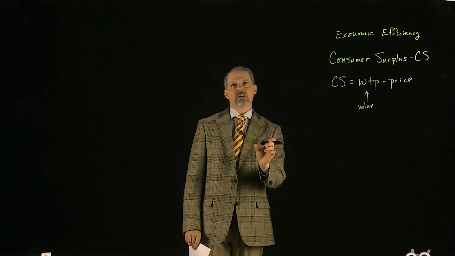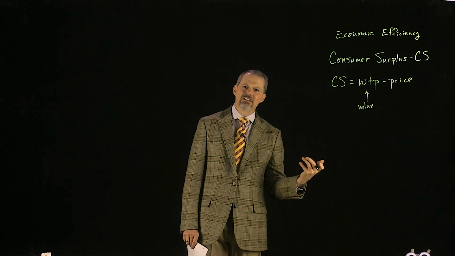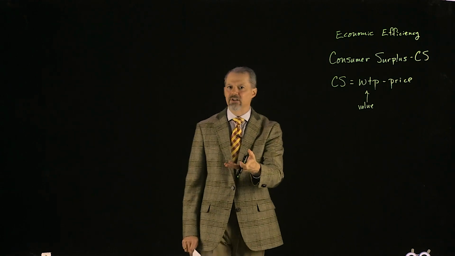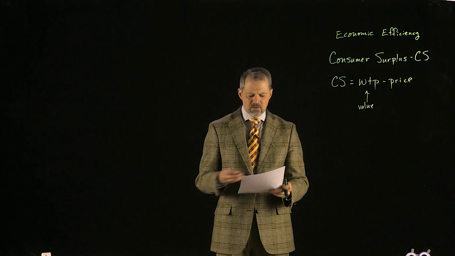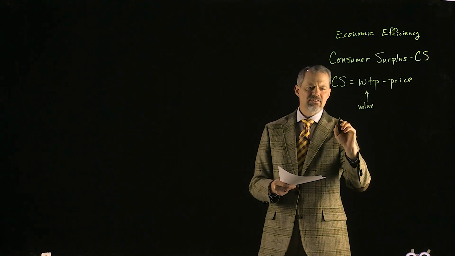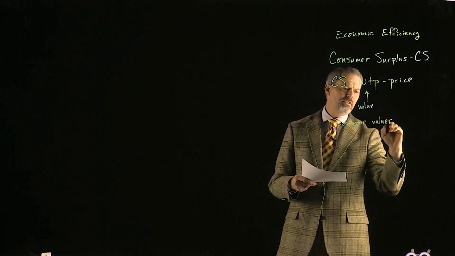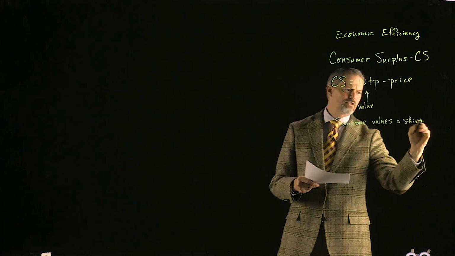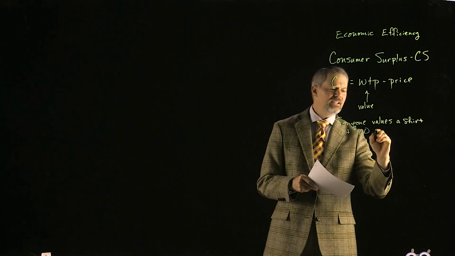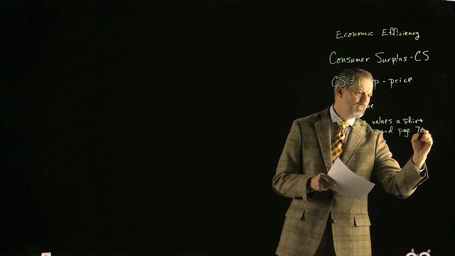So consumer surplus is how much value you place on the good minus what you have to give up to get it. It's value that's left over that you were willing to part with but didn't have to. So, for example, let's suppose someone values a shirt at $100 and pays $70.